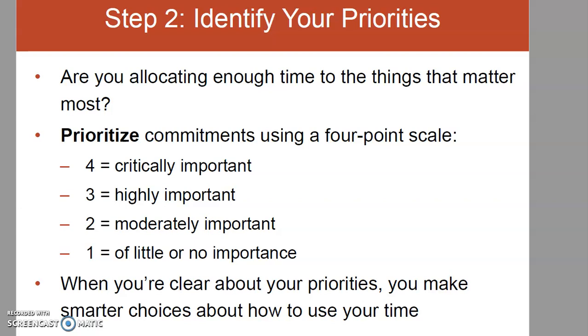Again, you've tracked your time for at least a week, so you see how you are using time. You can look at that tracking to see what are your priorities, but you also need to look at your life in general and say, what are my priorities based on my goals?